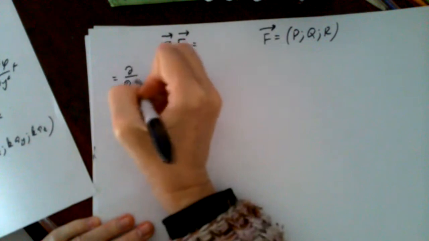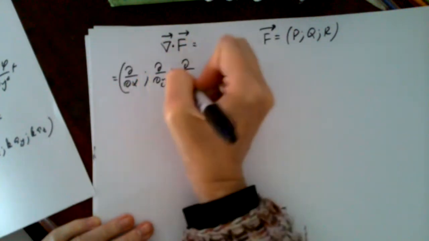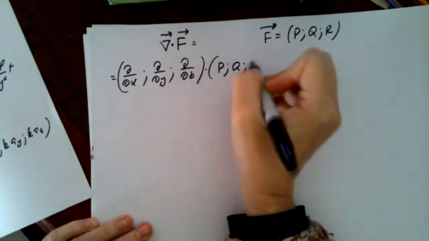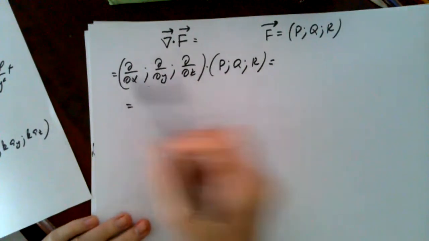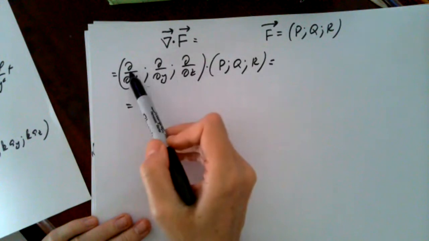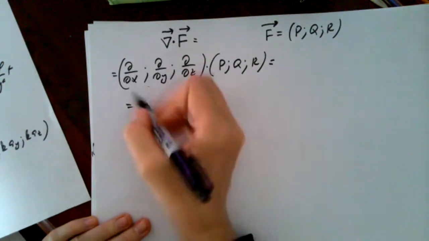So this is it. And as for scalar product, let's try and practice our skills. So nabla is the same vector with these three symbolic components, and f has these components. How can we do this operation? You know the scalar product, of course. The first component here gets multiplied by this component, plus the same with the second, and so on.